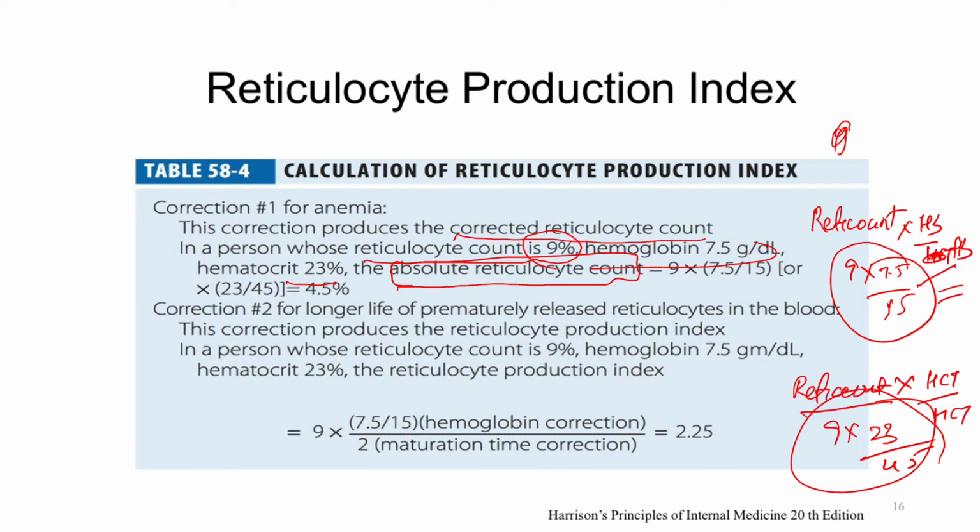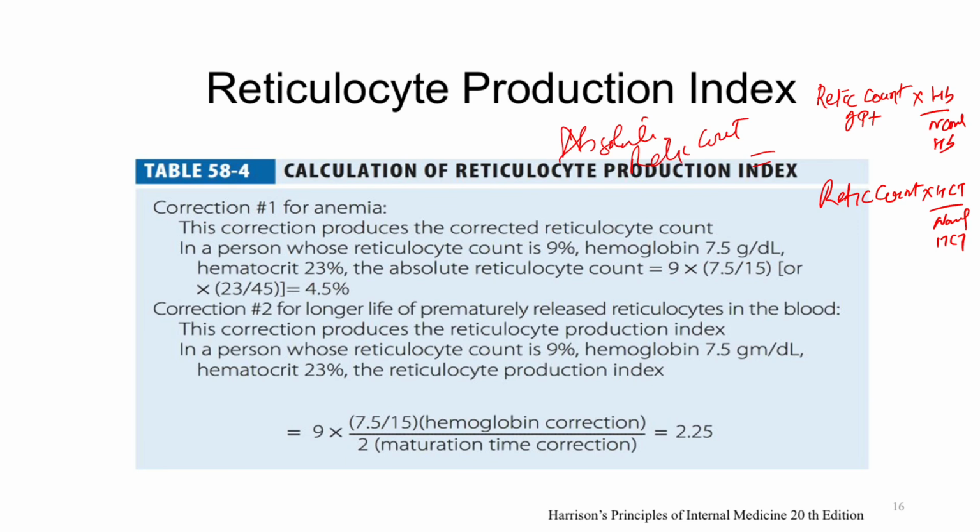Either from this method, taking hemoglobin, or by taking hematocrit, we will get the corrected reticulocyte count as 4.5%. Let me clarify again.